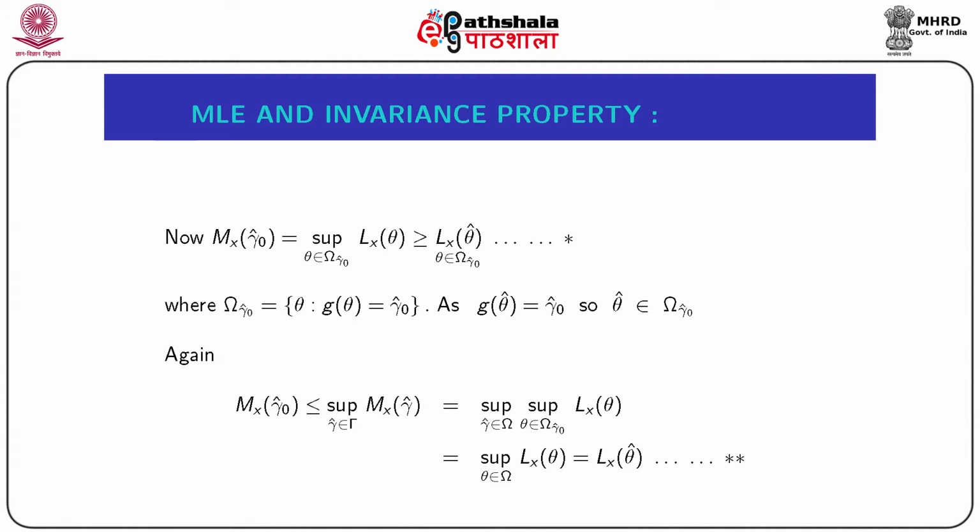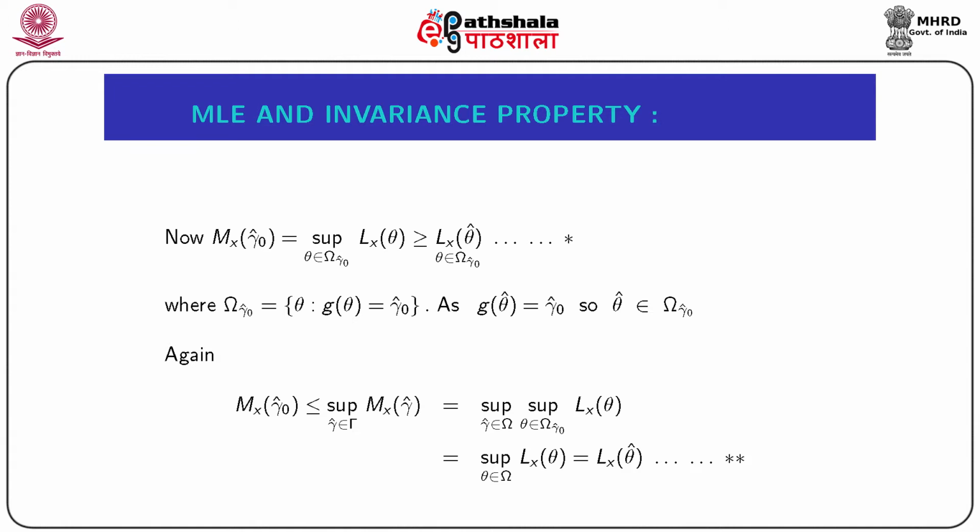Naturally, this supremum is greater than or equal to L_x(theta) for all theta belonging to the set omega at gamma naught hat, and that is nothing but our likelihood function L_x at theta hat. Let us denote this inequality by star. As g(theta hat) equals gamma naught hat, theta hat also belongs to the set omega at the point gamma naught hat.